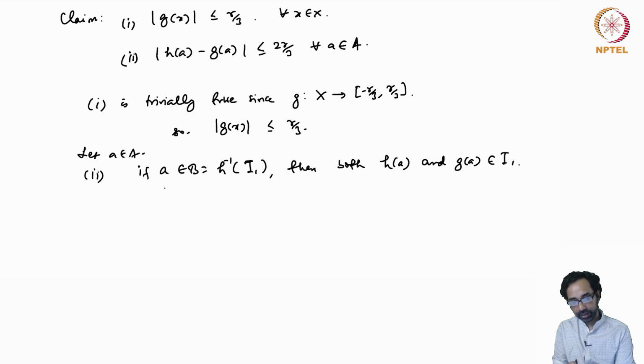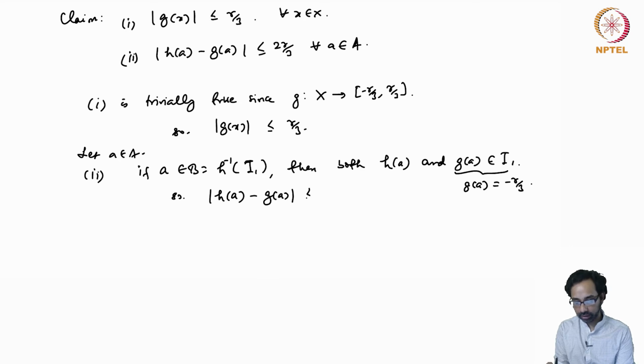So if a is in B, which is h inverse I1, then both h(a) and g(a) belong to I1, and this is true because g(a) is equal to minus r by 3. The difference of these values, h(a) minus g(a), is less than or equal to the diameter of I1, which is nothing but 2r by 3.